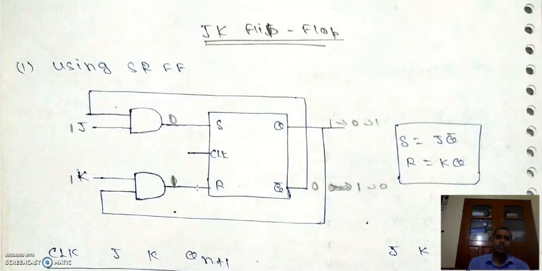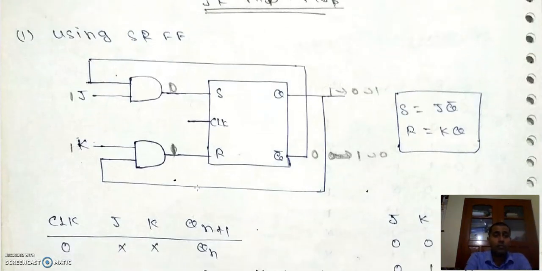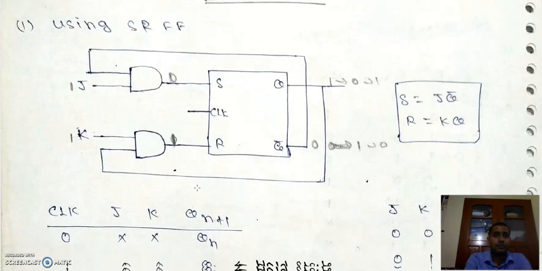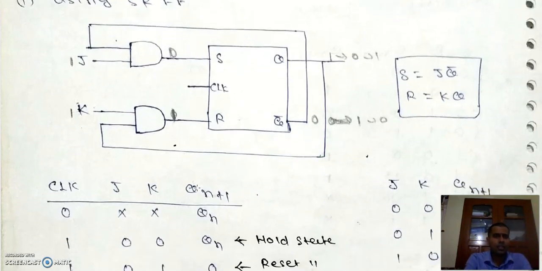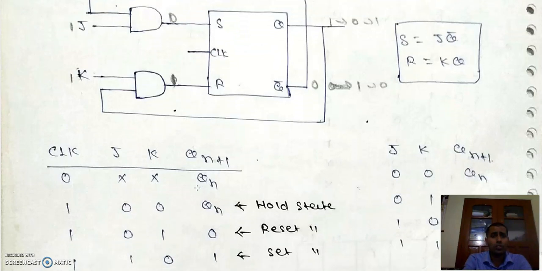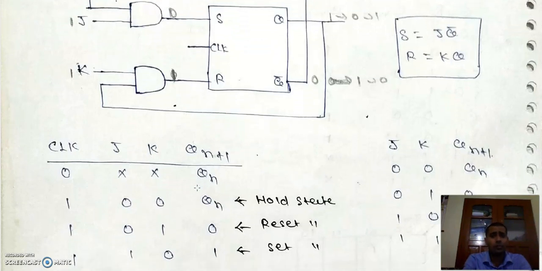Okay, now see the truth table of JK flip-flop. Again, first of all we will take clock equal to 0, then clock equal to 1, then 4 combinations: 0 0, 0 1, 1 0 and 1 1. Already we have seen it.